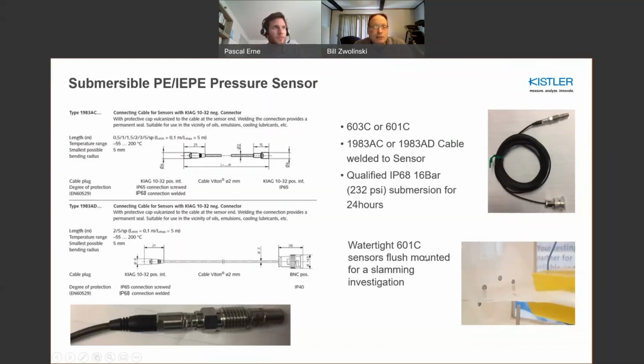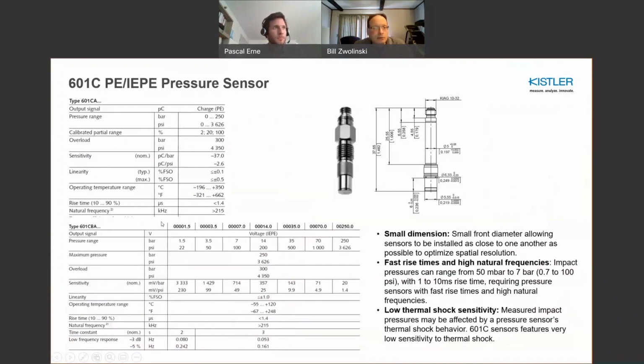A lot of times with this type of technology, well, the 601C is one of the sensors, and it can measure upwards of 3,000 psi plus, or 250 bar. And certainly the IEPE versions have individual ranges for each, as I mentioned, because it has internal electronics, it needs to have a fixed range. So you often see many different ranges covered.